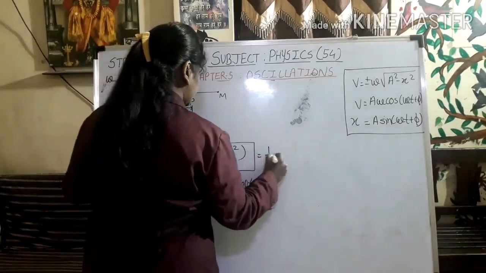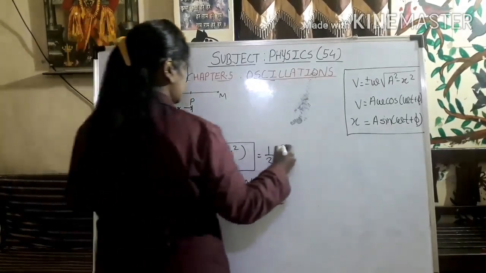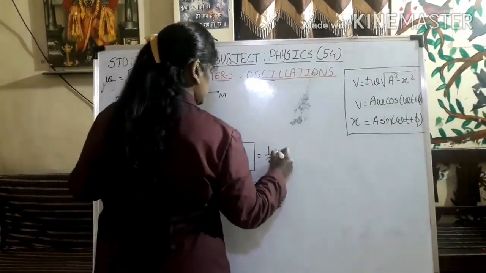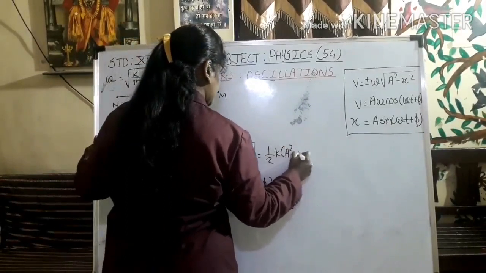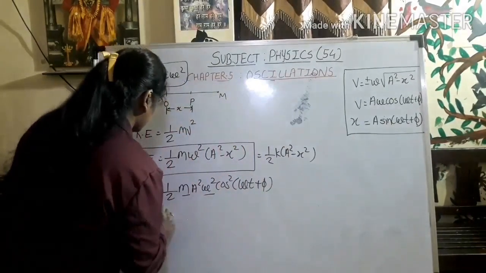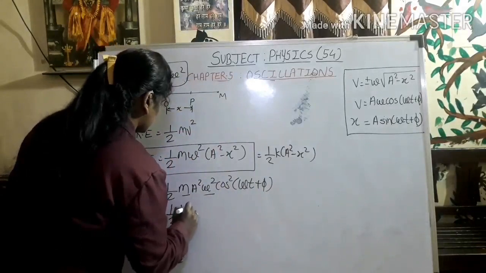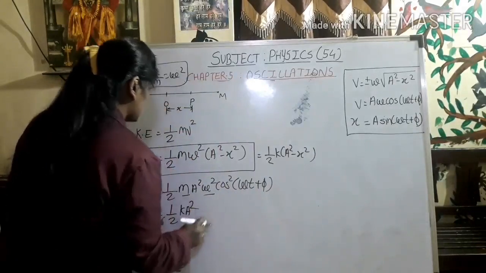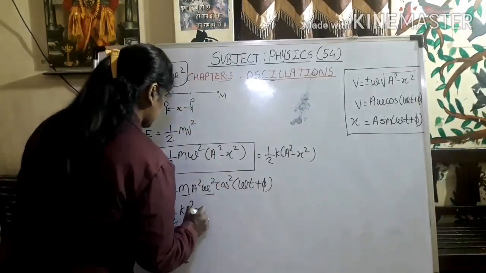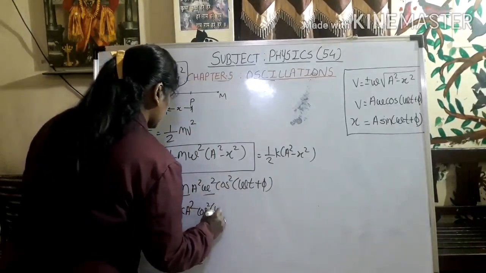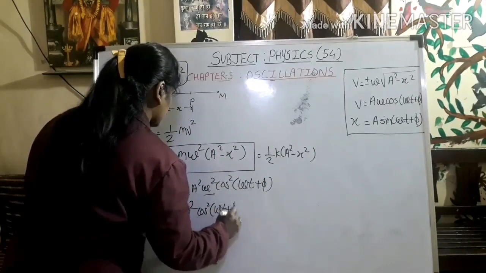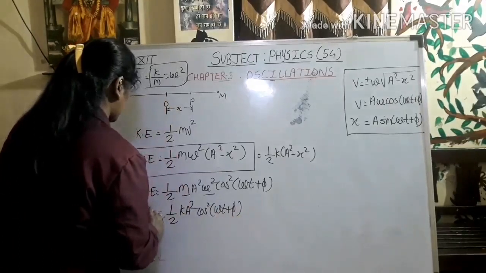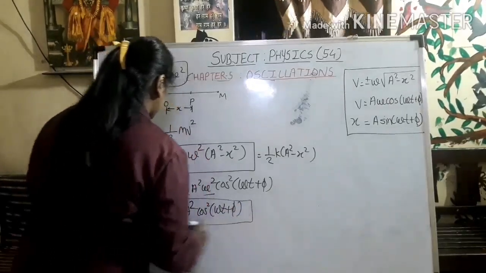So we will get both equations in terms of k, as half k a square minus x square, and here also half k a square cos square omega t plus phi. So we got the values for kinetic energy.